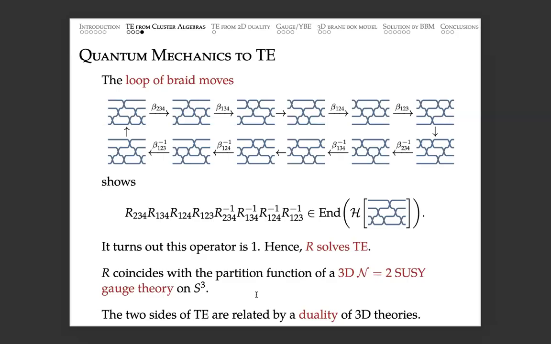So the tetrahedron equation takes the form R R R R equals R R R R. As I said, each R corresponds to the partition function of one theory. So what is a product of R's? It has the interpretation of the partition function on S3 of a big theory constructed by combining four smaller three-dimensional theories.